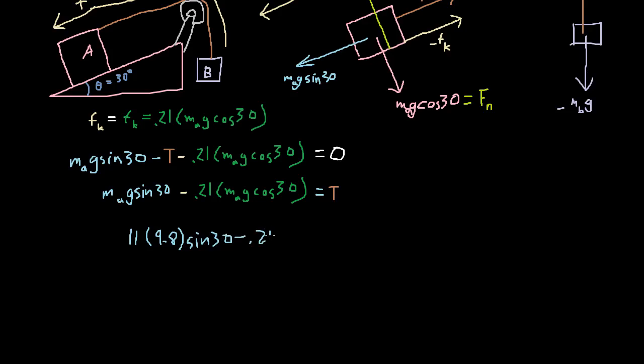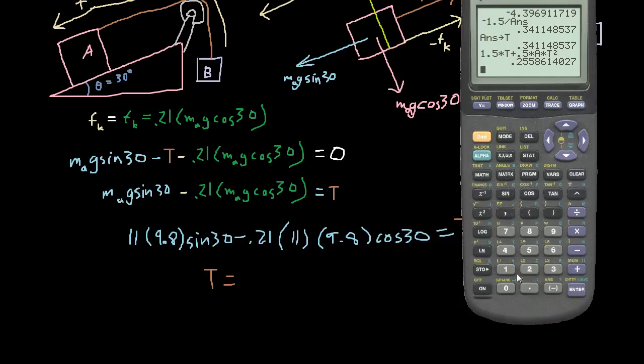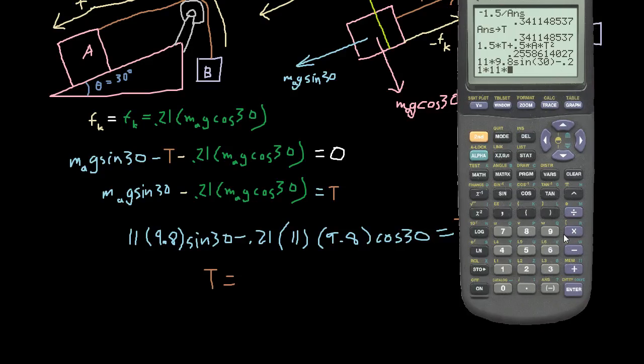So T is equal to 11 times 9.8 times sine of 30, minus 0.21 times 11 times 9.8 times cosine of 30.